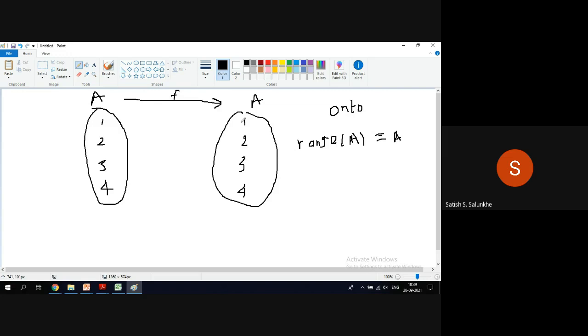That every element of this codomain has a pre-image in the domain. I'm just taking one instance. Let us say 1 is related to 2. Means 2 is related to 1. 1 has a pre-image in the domain, that is 2.